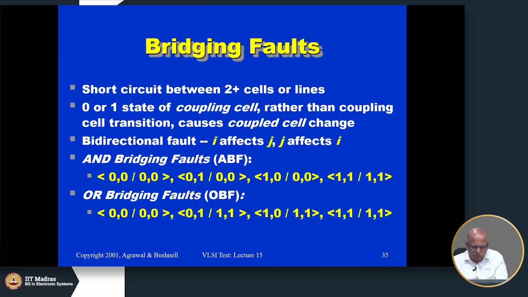There could be bridging faults, AND bridging, OR bridging. So, here is an AND bridging fault.